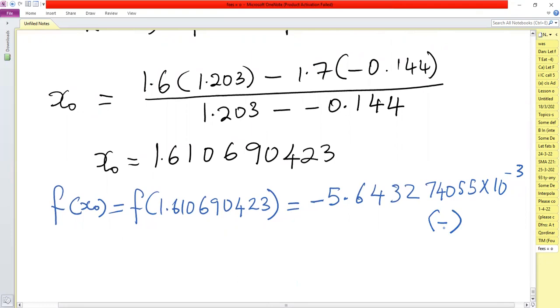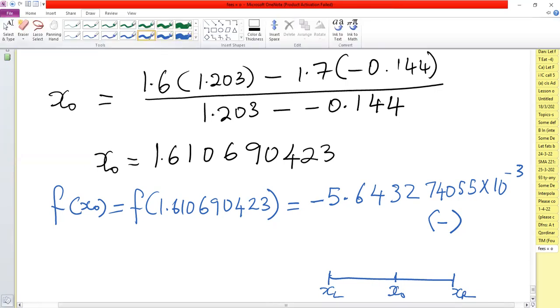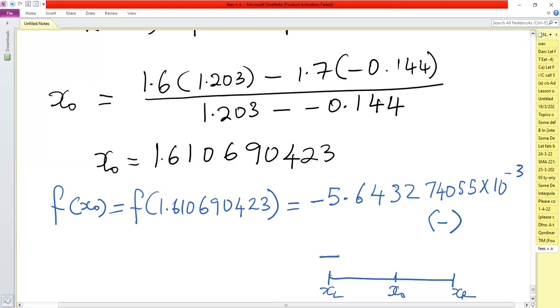Now, don't forget the theorem we stated earlier when we were introducing this chapter, on where a solution lies for any given equation. Remember, we have said that this is XL and this is XR. We have used them to get X naught, a value between XL and XR. From our calculation, the value of the function at XL was negative.